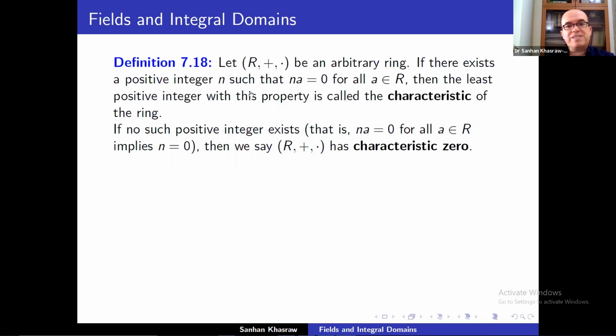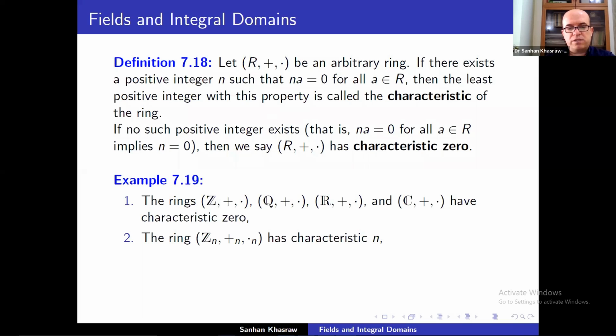If we can find such an n, then we say this ring has characteristic n, where n is the least positive integer satisfying this property. If we cannot find such a positive integer, then we say R has characteristic 0.